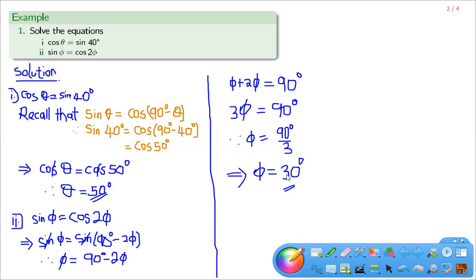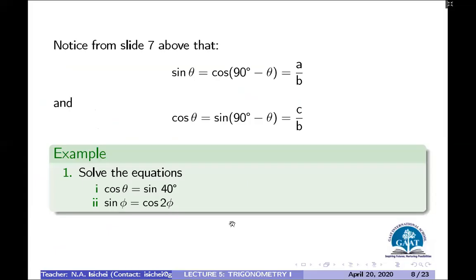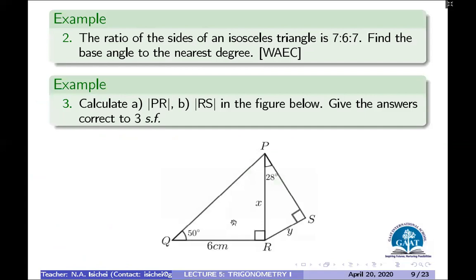All right, very simple. I hope you understand the solutions to this example. Now we shall continue with the notes. Next, look at example 2. It says the ratio of the sides of an isosceles triangle is 7:6:7. Find the base angle to the nearest degree.